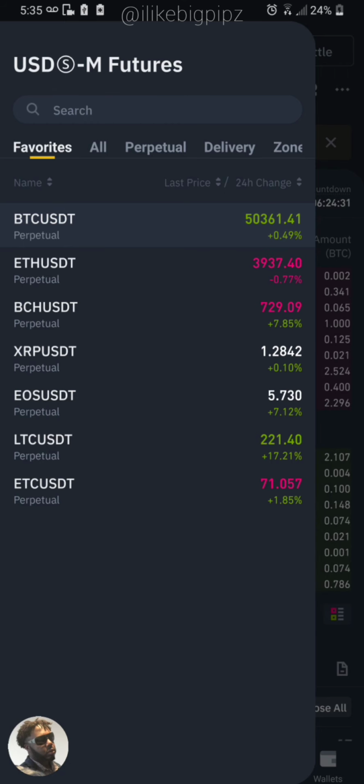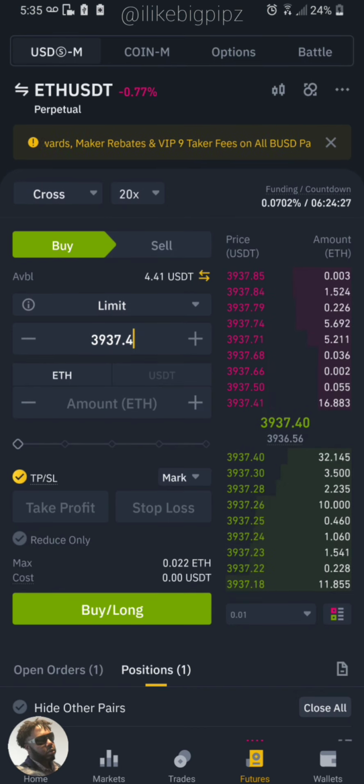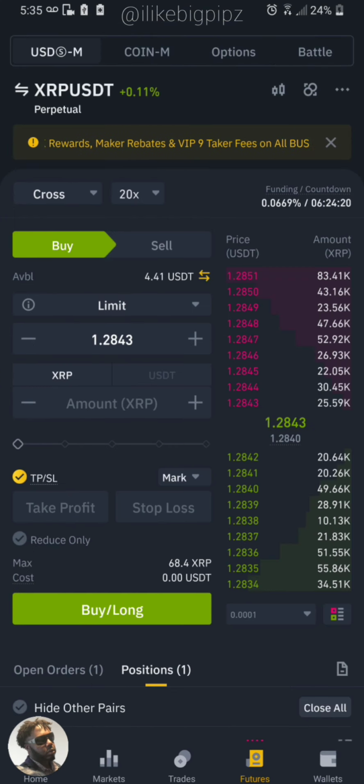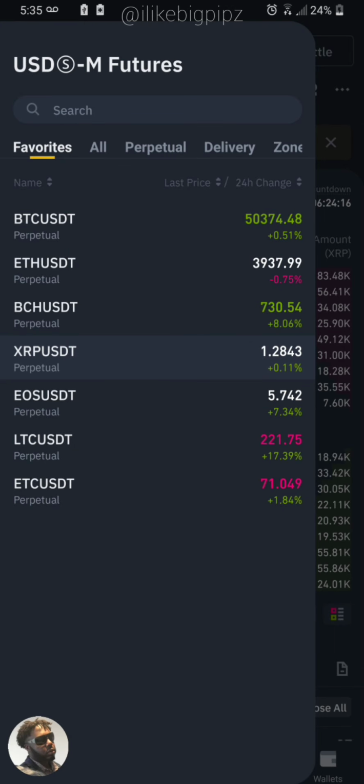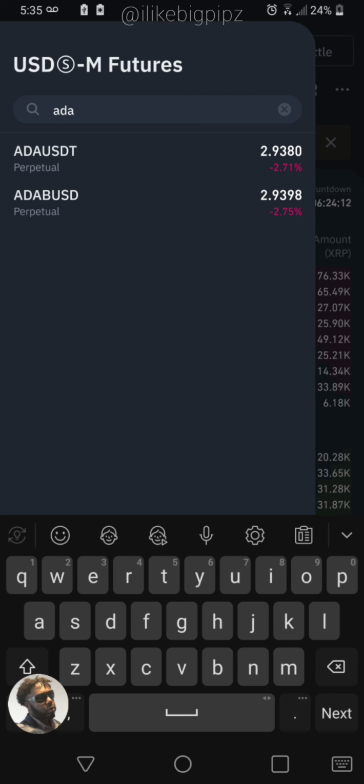Okay, cool. So we're looking at some of the pairs that I like to trade with: Bitcoin, Ethereum, XRP, and Cardano or ADA.